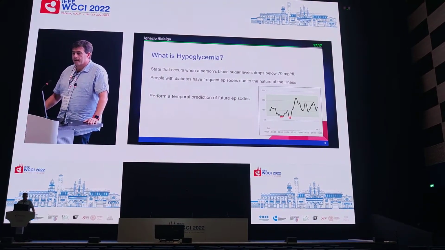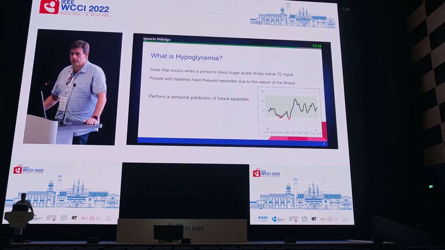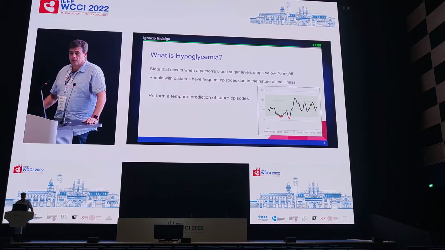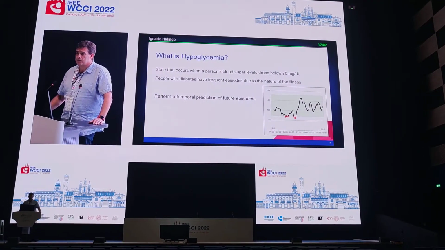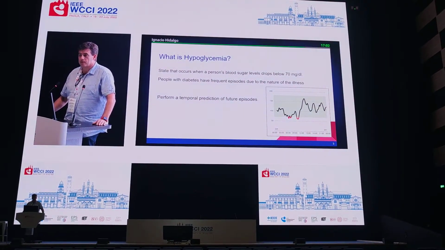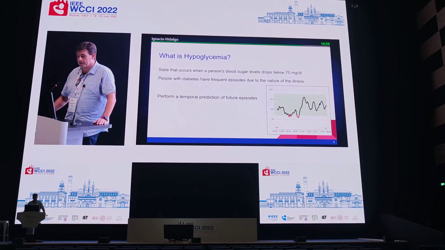As I told you, this usually occurs when the person with diabetes injects insulin and the amount of insulin is not appropriate. So it can lead to an episode of hypoglycemia.